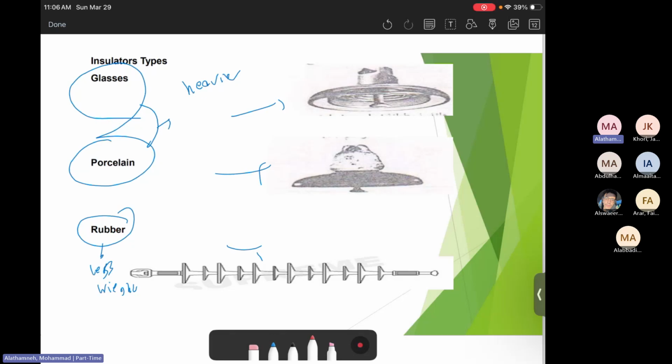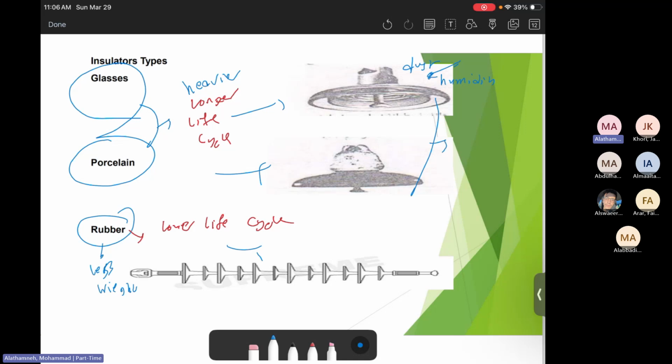But the thing about the glass and porcelain is that they have a longer life cycle, but the rubber has a lower life cycle. There is a drawback for the glass and porcelain: dust and humidity impact them.